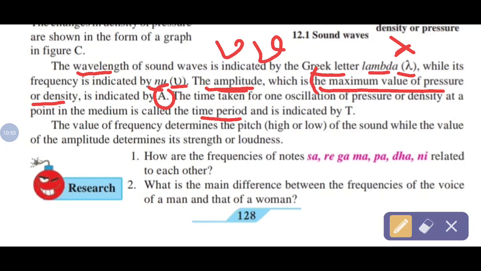Define. Mark the answer from here. The time taken for one oscillation of pressure or density at a point in the medium is called the time period of the wave, and it is indicated by the capital letter T.